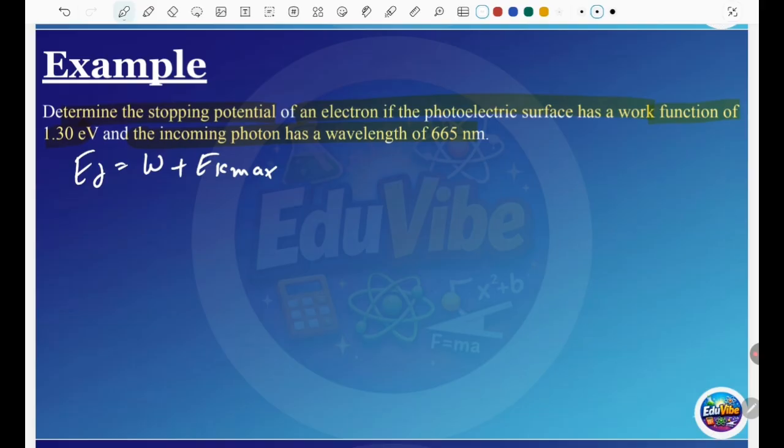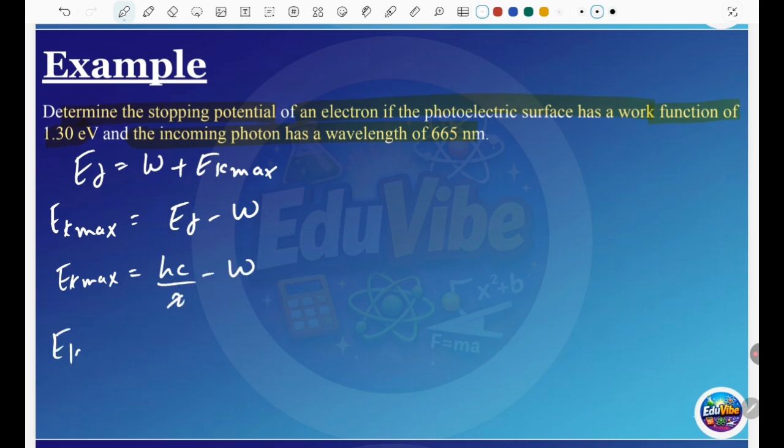I will tell you how you can get to the eV stop, which is the stopping potential. We calculate the EK max from here, which is equal to E photon minus W. EK max is equal to hc upon wavelength minus W. Put your values in that, so you can find the stopping potential. It will be in eV.